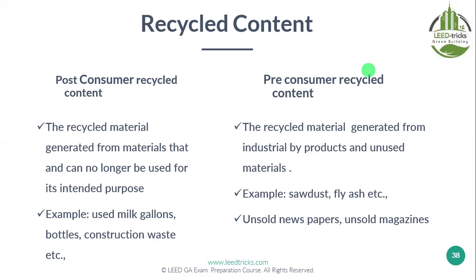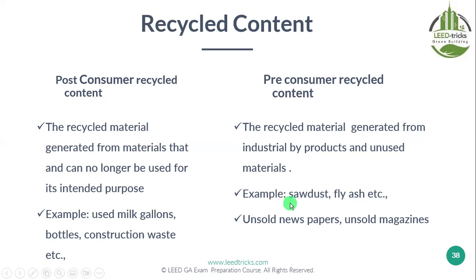Let me give you an example. If you are in a manufacturing factory, for example a factory for wood, and they cut wood, there is sawdust. Sawdust comes from wood, and it's a waste that has never been used. It's a factory waste, or fly ash.